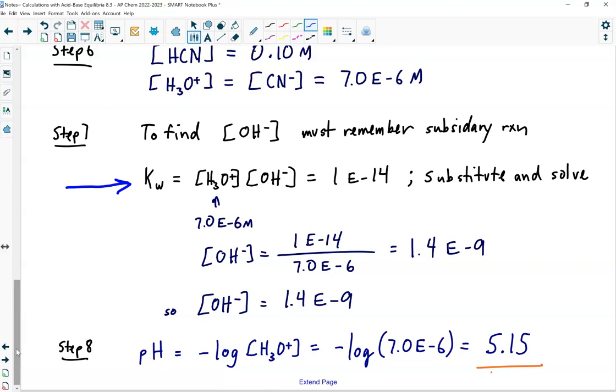So the difference in this one from other equilibriums that we did in Unit 7 is that it's not just one reaction going on. There are 2 reactions going on, because water is pesky enough to be reacting with itself and making a little bit of hydronium and a little bit of hydroxide. So that's the difference with acid-base equilibrium.